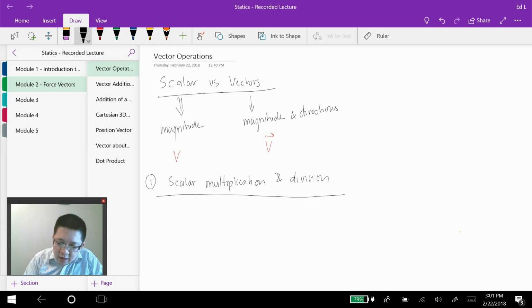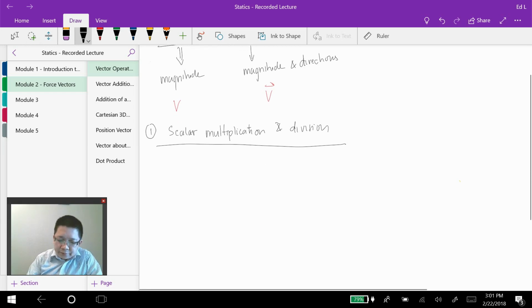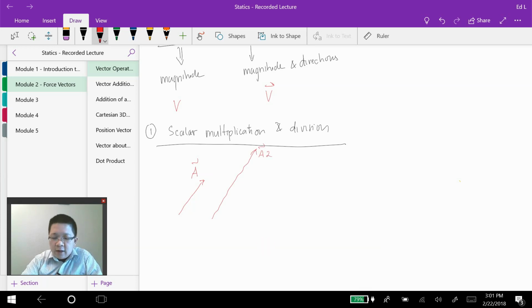For example, if I have a factor, let's call that factor A, and I multiply that factor by a scalar of 2, that multiplication will only change the magnitude of the factor. Right now the length of the factor is twice its original length. So if the original length is a, then after we multiply by 2, the length becomes 2a.